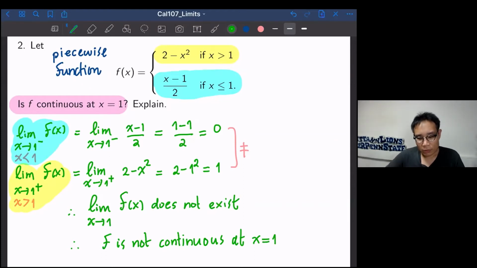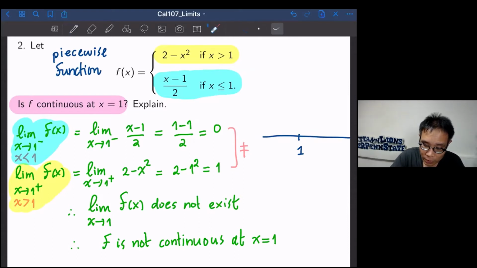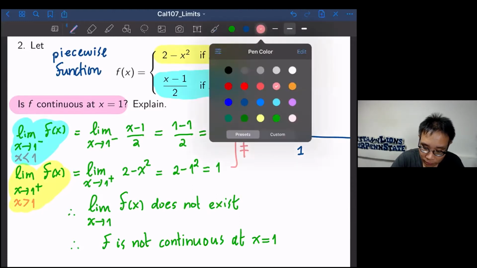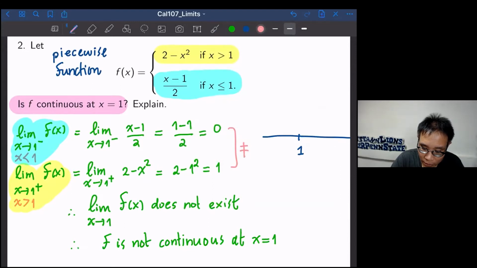You can write something like this down. However, what does it mean? It means that if you see 1 in the middle like this, when you approach 1 from this direction, the graph of the function approaches 0.